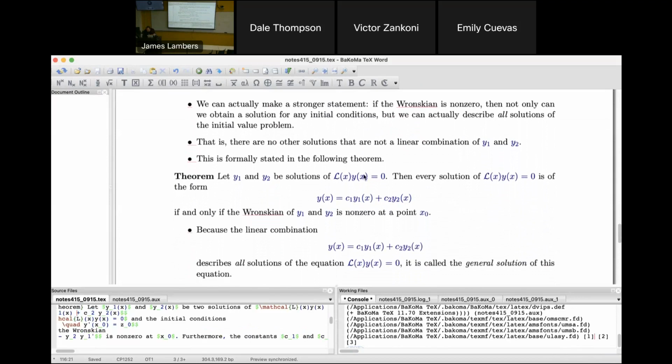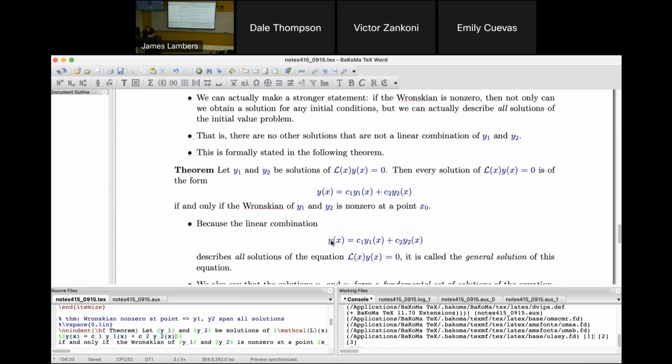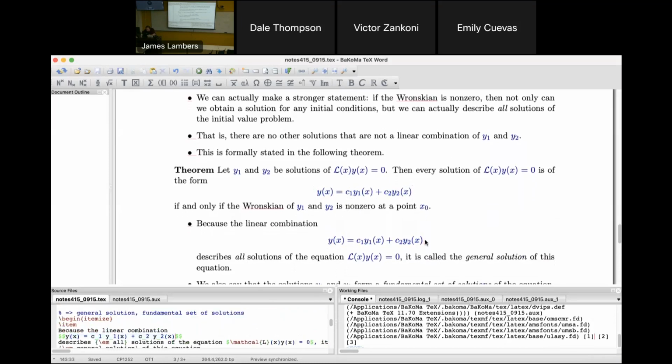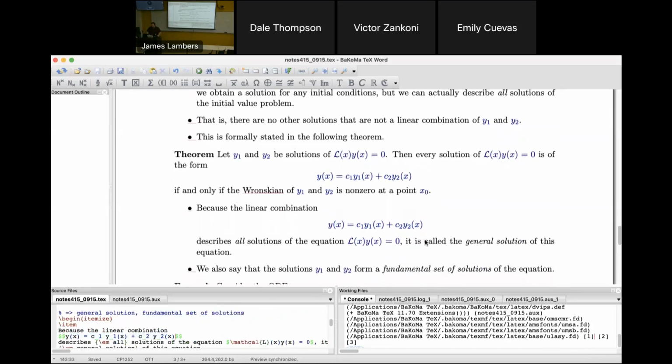And we also have this theorem that if you have any two solutions where the Wronskian is non-zero at a certain point, then every solution can be written in this form. That's why we call this the general solution, because it describes all possible solutions, whatever constants C1 and C2 you need to satisfy whatever initial condition you have.